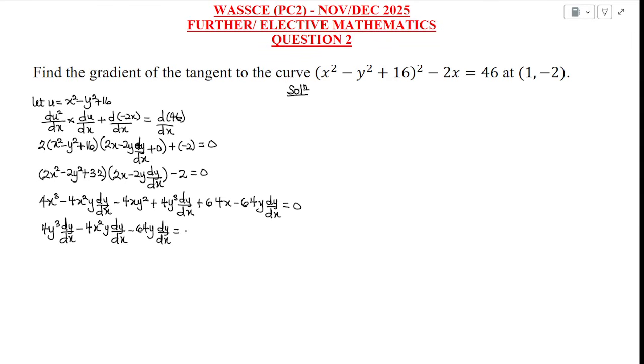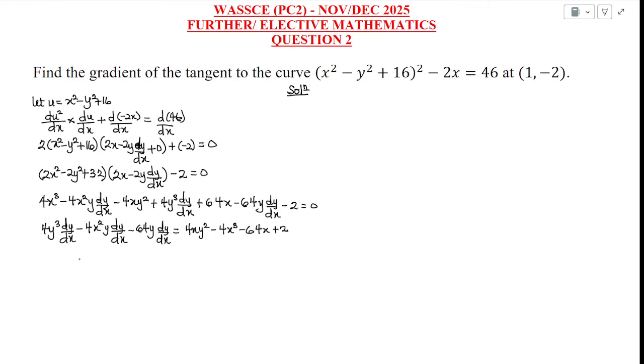This gives me positive 4xy², then I have −4x³, then I have −64x. Then I have my positive 2 over here. Oh, so we left the positive 2 out over here. Okay, so let's quickly do that correction. I have −2 and this equals 0, right? So we forgot to add that here.